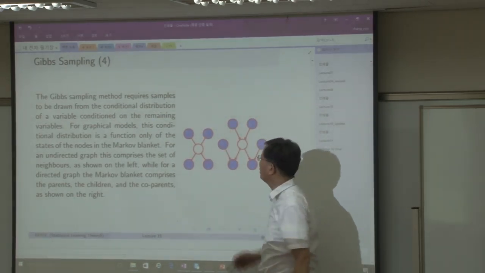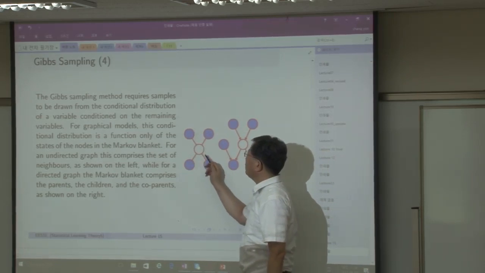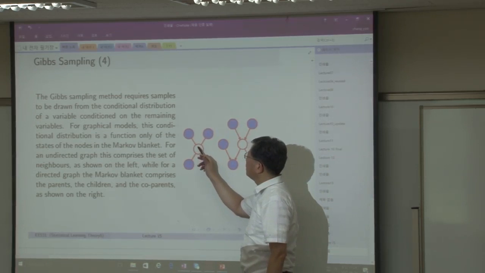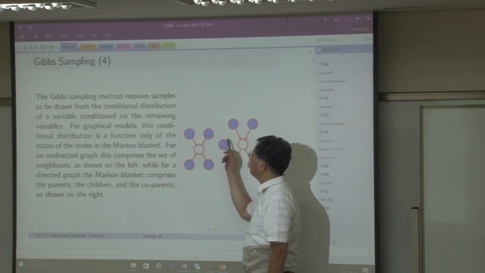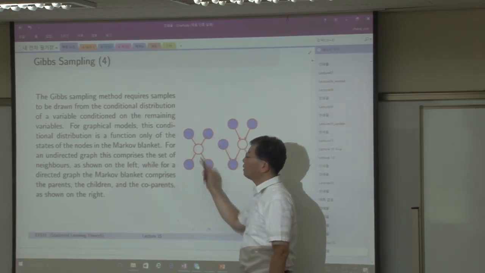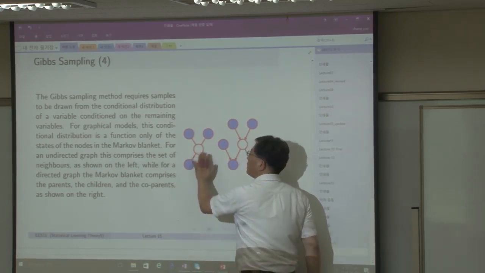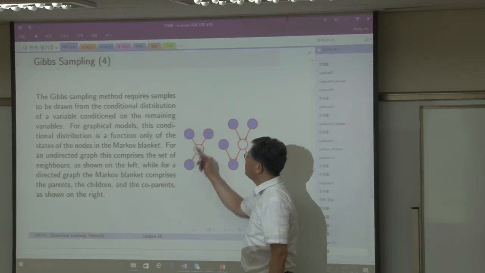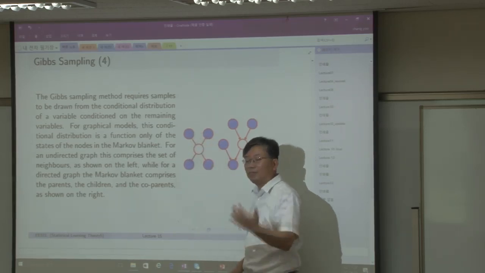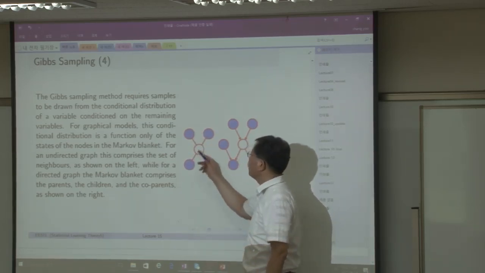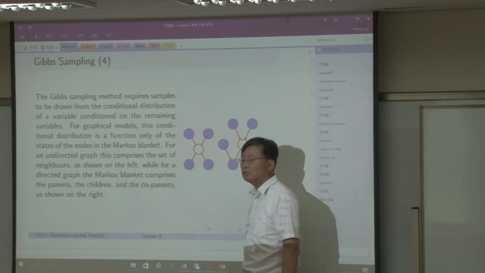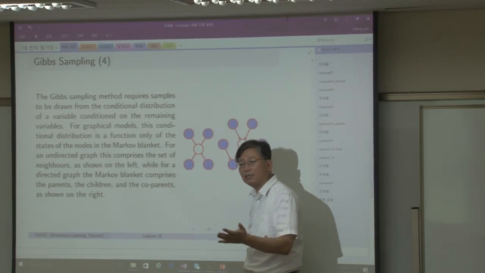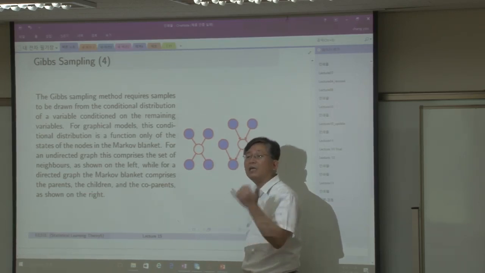If Z's are given, so in the graph, each of the nodes, the joint probability is represented by the clique. Okay? And if we have neighboring nodes that are given, then we can sample from this probability very easily because it's already defined in the distribution.